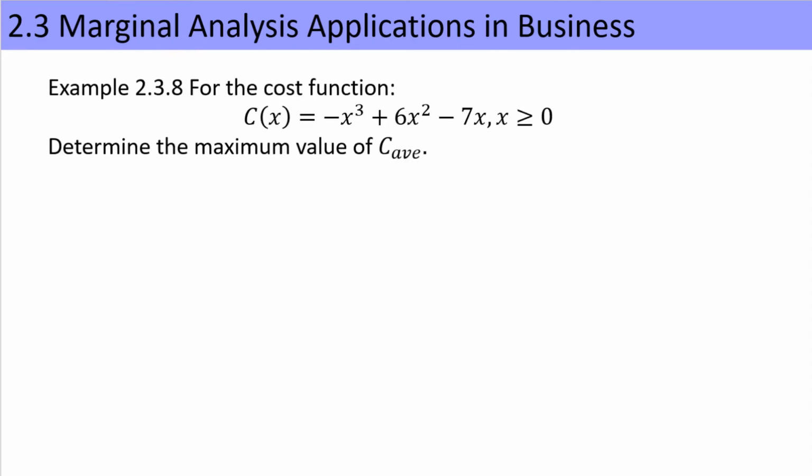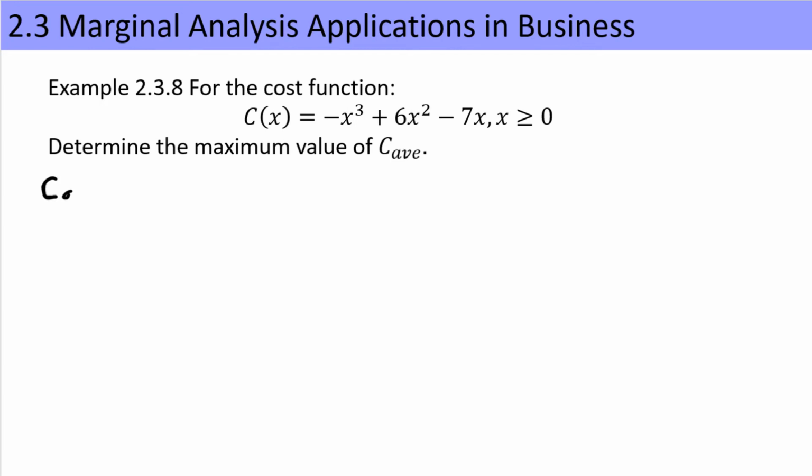Example 2.3.8. For the cost function defined as C of x equals negative x cubed plus 6x squared minus 7x, for x equal to or greater than 0, determine the maximum value of C average. So, to proceed with this problem, we must first find the average cost function.